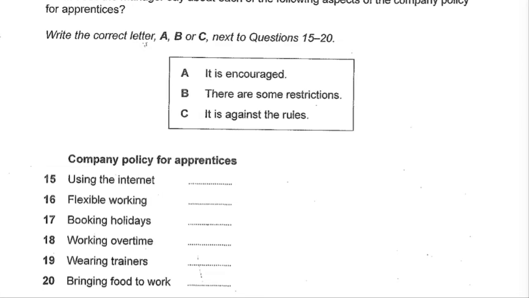Now listen and answer questions 15 to 20. Now, I just want to run through a few company policies for our apprenticeship scheme with you. Most importantly, the internet. As part of your job, you'll be doing some research online, so obviously you'll have unlimited access for that. But please don't use it for personal use. You'll have your own phones for that.